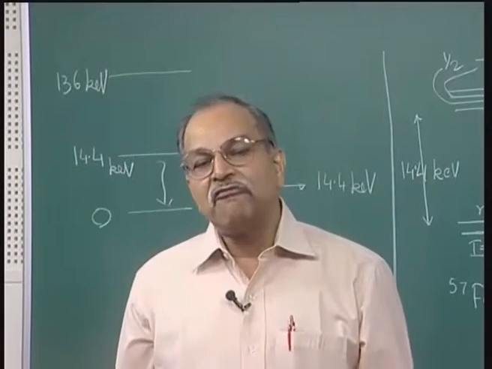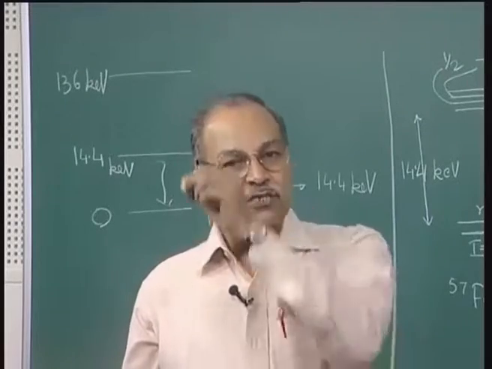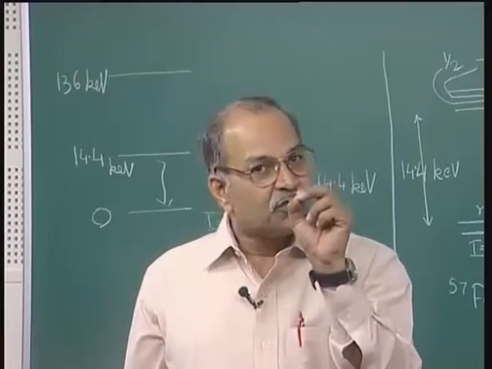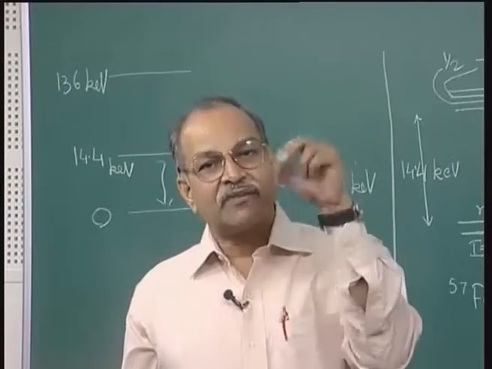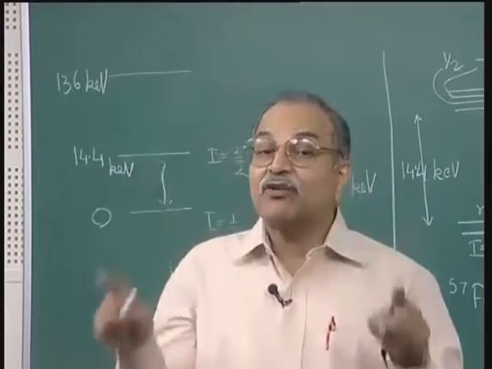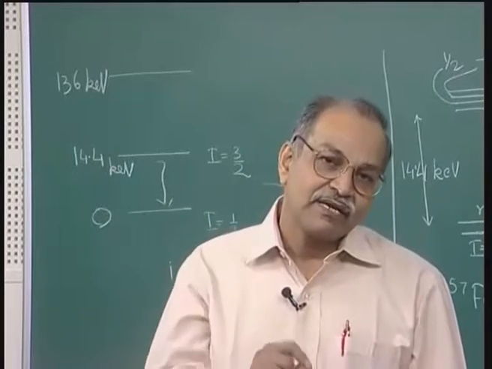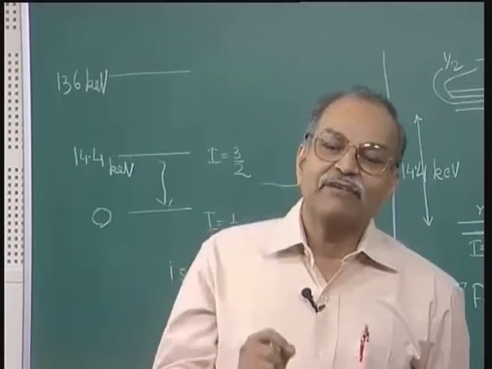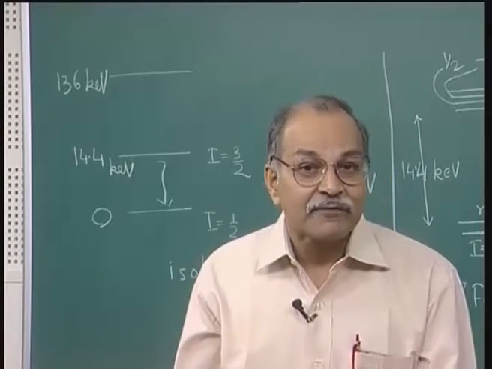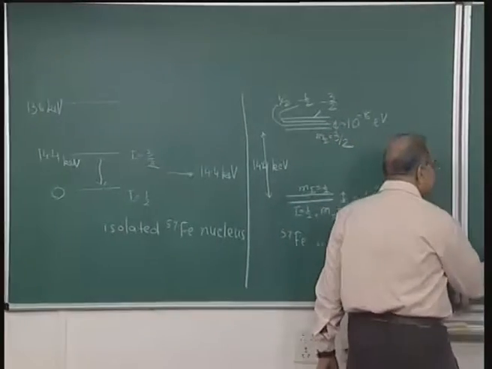If you think of stainless steel, steel also contains iron apart from other things. So there also you have iron, and 2% of that iron will be 57 iron. Steel is not ferromagnetic. In this stainless steel environment, the nuclear energy levels of iron 57 are changed in a different way, they do not split.